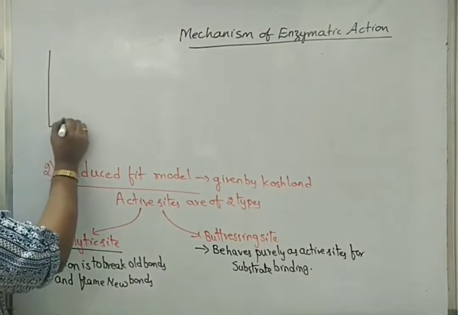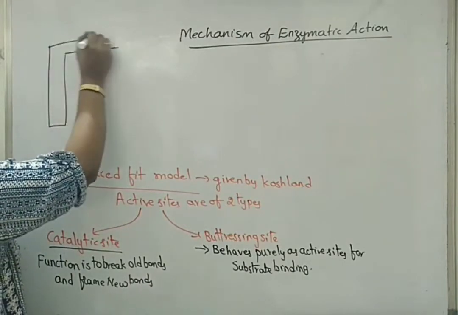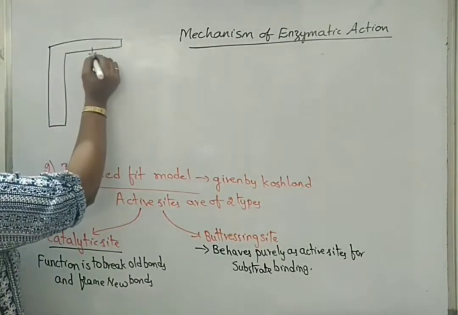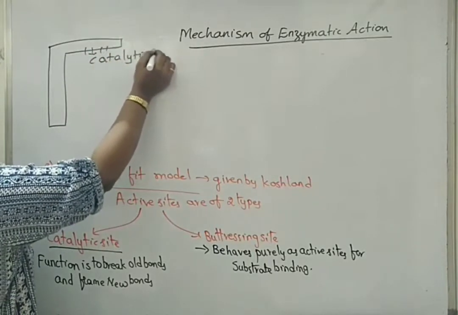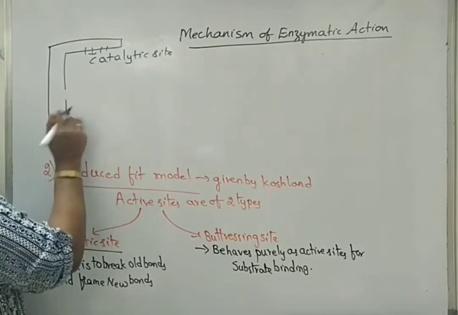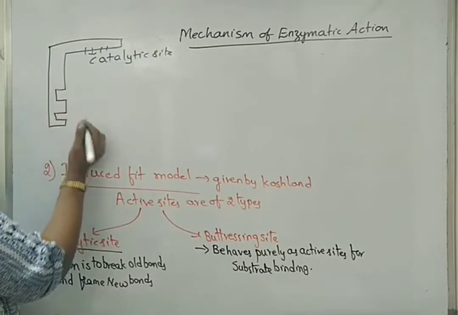Consider the enzyme like this, representing two different sites. We can consider this one as the catalytic site, and here the place as the buttressing site.